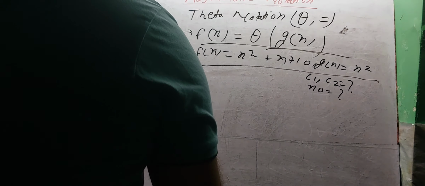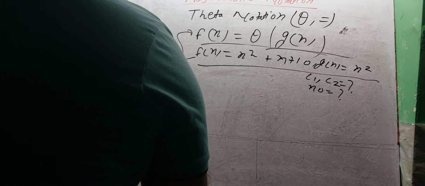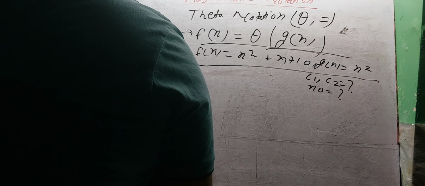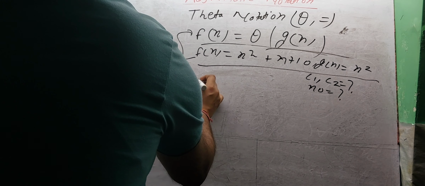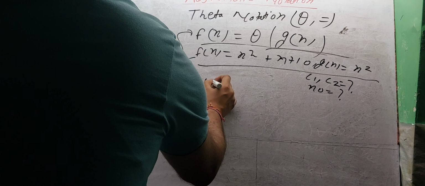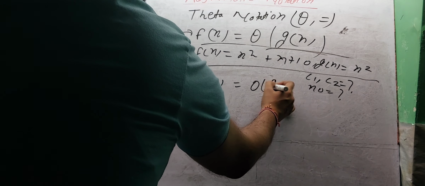Okay, now first try to find c1, and for omega we solve this for big O. Now prove f of n equals big O of g of n.